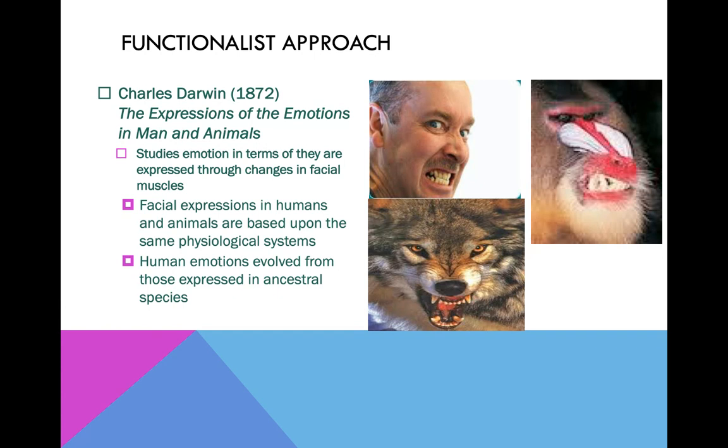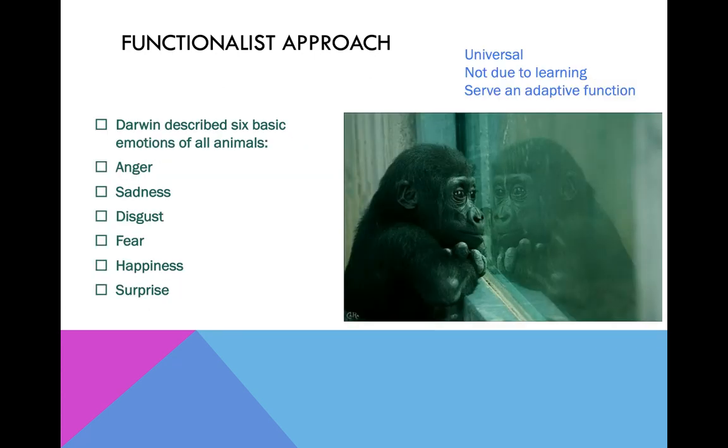So there are very specific facial expressions that relay happiness, and this is true for other animals as well. Emotional expressions that relate anger or fear or shame. And so facial expressions in humans and animals are based on the same physiological systems, and therefore they've evolved to express certain information to the world.